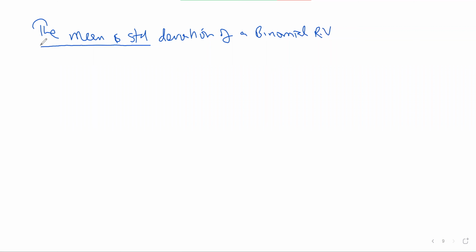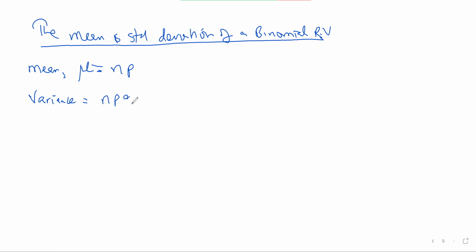The mean, which we usually denote by mu, is given by the number of trials times P. And variance, I will talk about variance first. Variance is given by NPQ, N times P times Q. You know that standard deviation is the square root of variance.